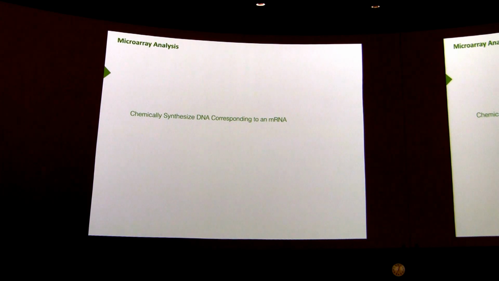I go to a machine that will chemically synthesize the DNA complementary to that messenger RNA. Everybody with me? I've just chemically synthesized this DNA, and it's one strand, not two. If I were to put the messenger RNA and the DNA together, they'd form base pairs, and everybody'd be happy.